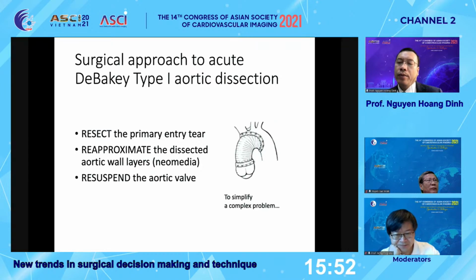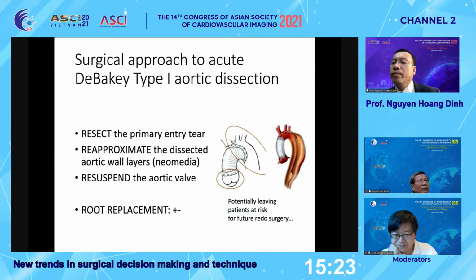So we can see that it's a simplified approach to address a complex problem. But such a simplified approach, in the literature, most often results in limited arch resection in about 80% of cases of acute type A dissection.